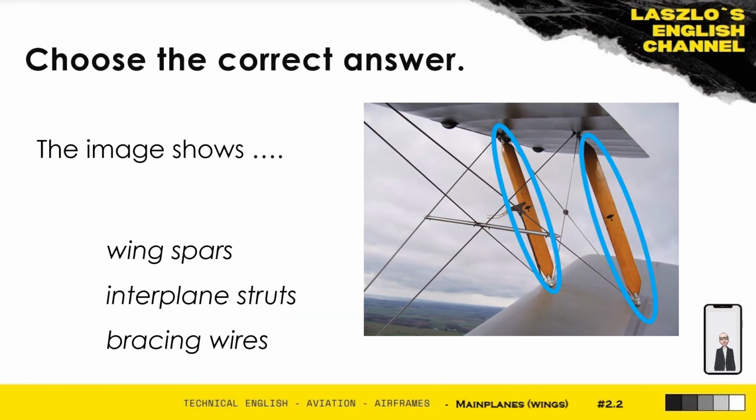Okay, moving on to our next question. What do you see in this picture right here? Wing spars, interplane struts, or bracing wires? Hopefully you've chosen the interplane struts right here. Interplane struts is the correct answer.